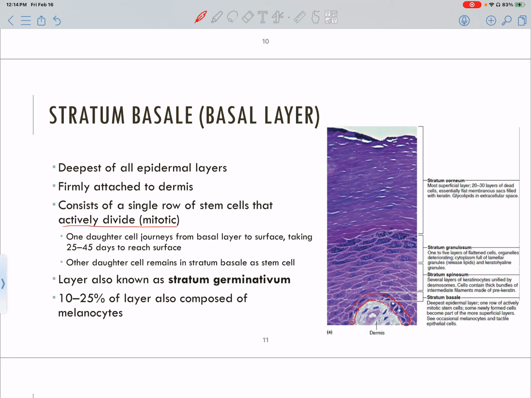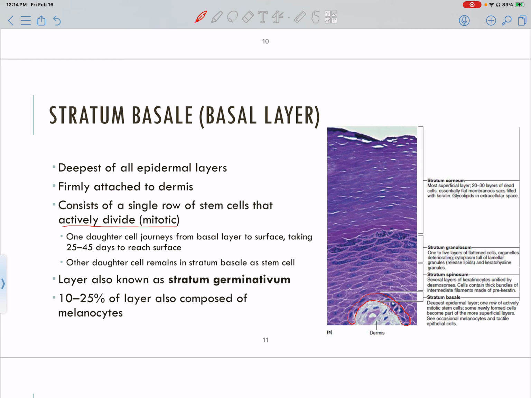So if we have some cells that are mitotically active, we're definitely going to need to be closest to the region where we can get nutrients. So remember, the dermal layer is the only layer that has the vasculature for blood supply and nutrients. So the layer closest to the dermis is going to be the one that's mitotically active.